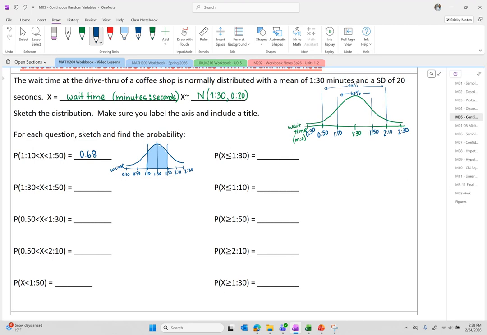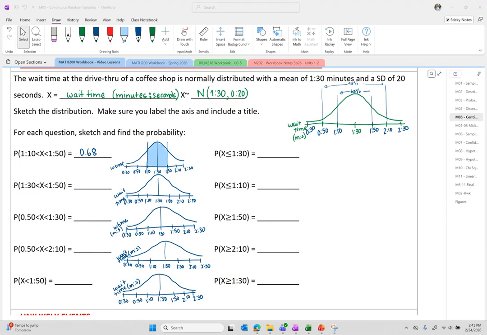For the next one, we will sketch again. We want the probability of X being between 130 and 150. I sketched all the distributions just so that I don't waste time during the video. Make sure you always have a sketch of the distribution for every problem you are answering.